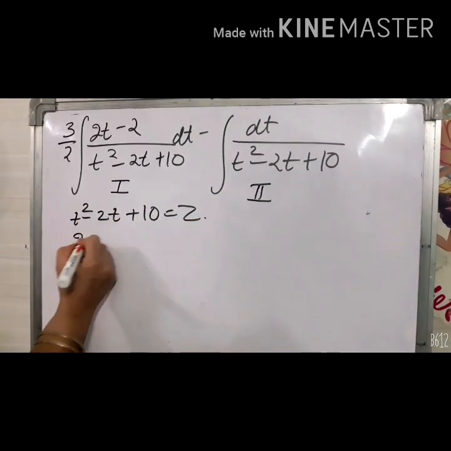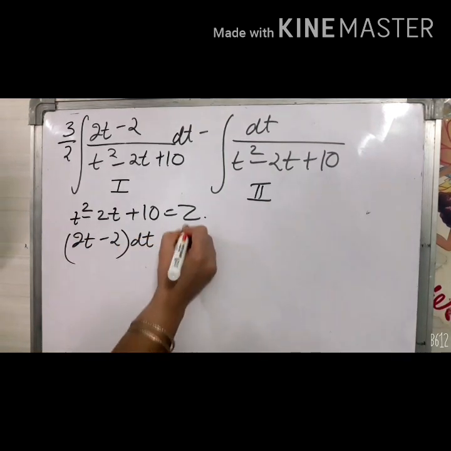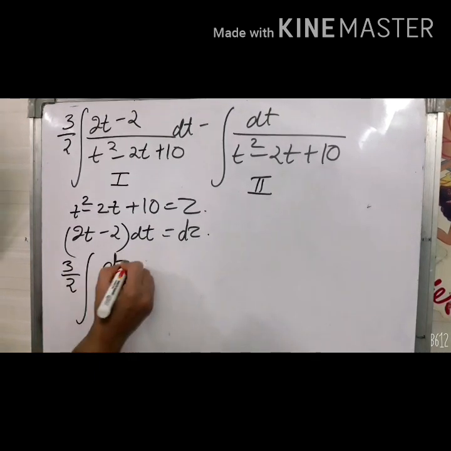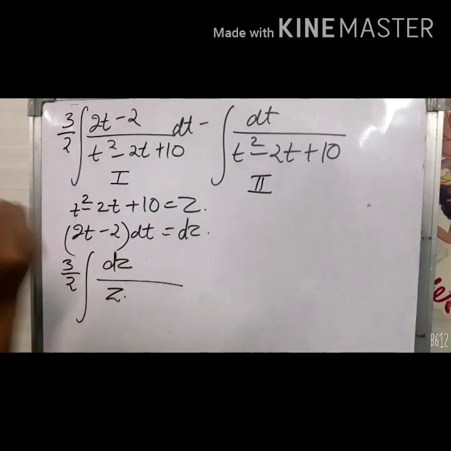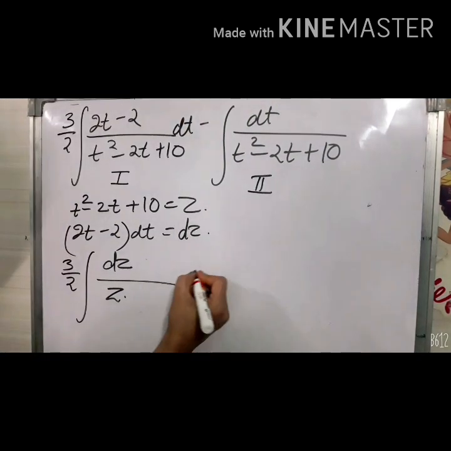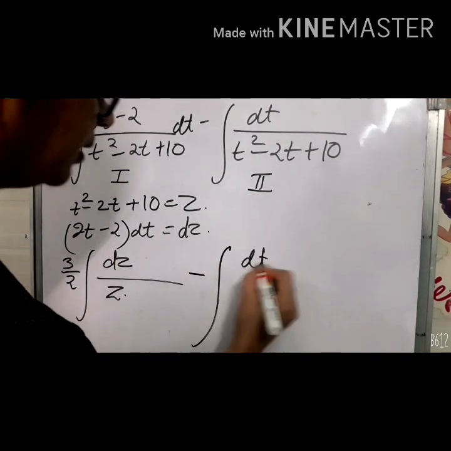This becomes (2t minus 2) into dt equal to dz. Now this becomes 3 by 2, and this becomes this. That means the first part is always a log.